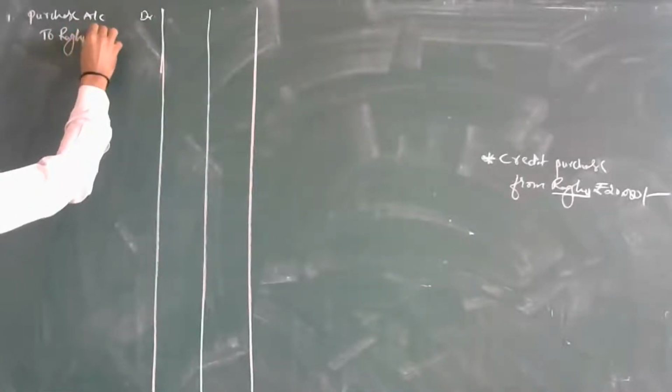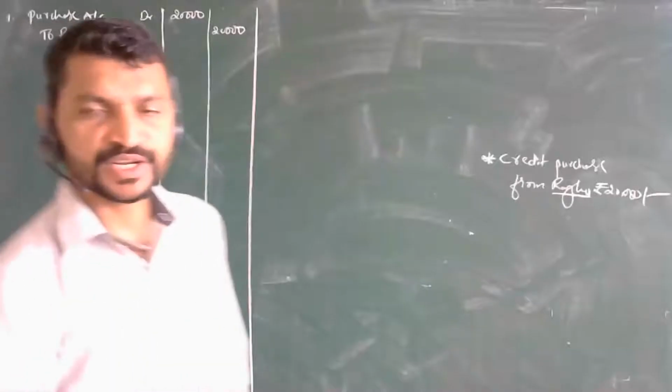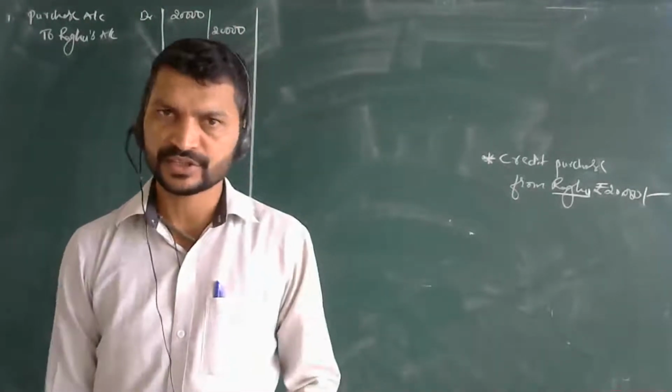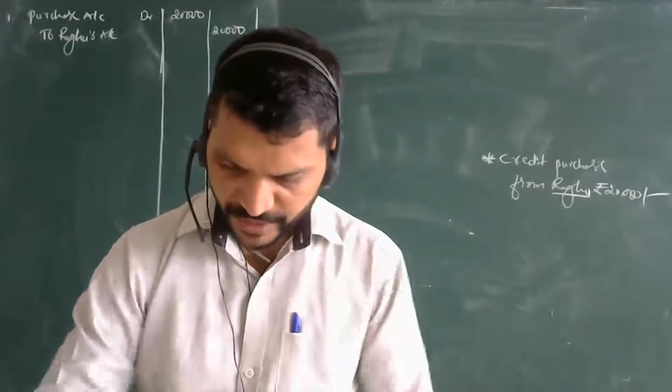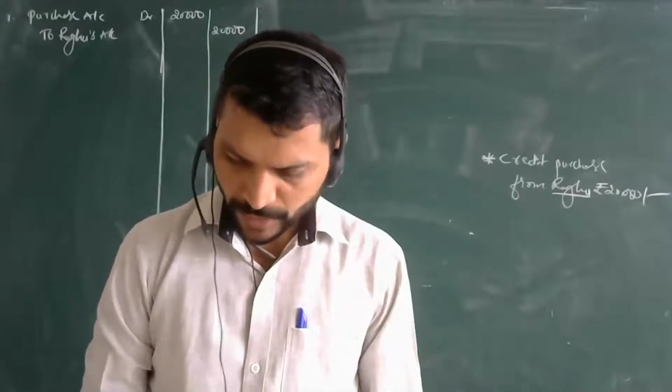The amount is how much here? 20,000, right? So the narrations, I will just dictate. You have to copy down the narrations, okay? So here the narration is: credit purchase from Raghu omitted to be recorded.